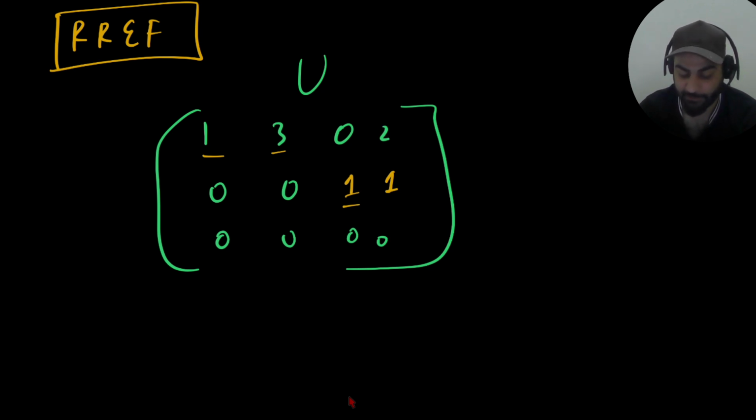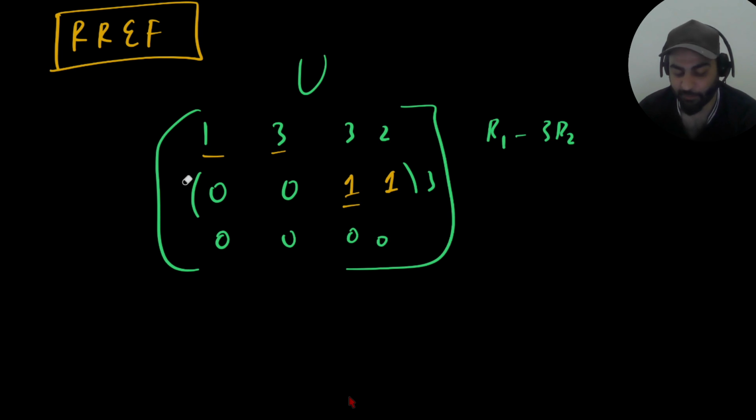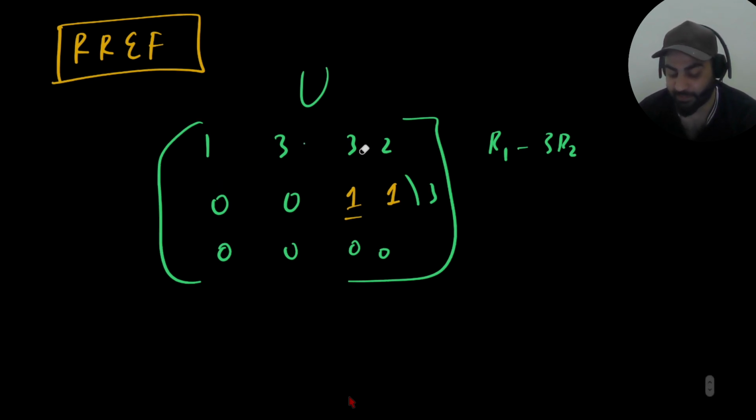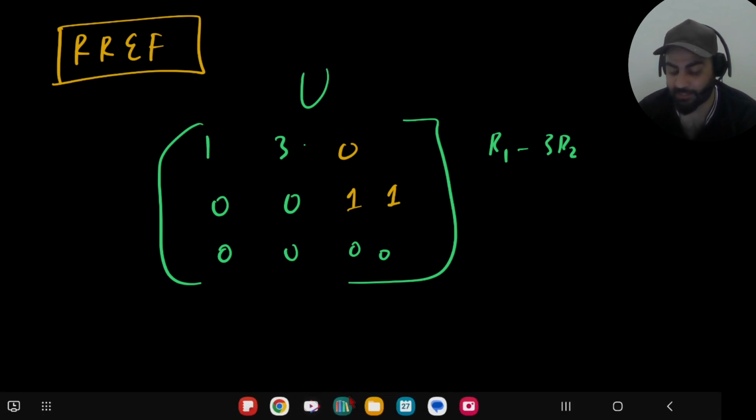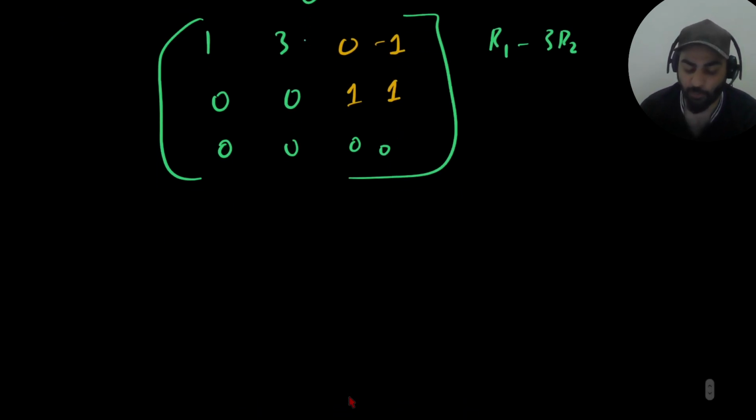Going back, this was my equation, and I multiplied this equation by 3, so that's R1 minus 3 times R2. So this became 1 minus 0, which is 1, 3 minus 0 is again 3. Then we had 3 minus 3, which became 0. And then after 3, I had 2 minus 3, which equals -1. Now I know that this is my pivot column, and this is my pivot column.